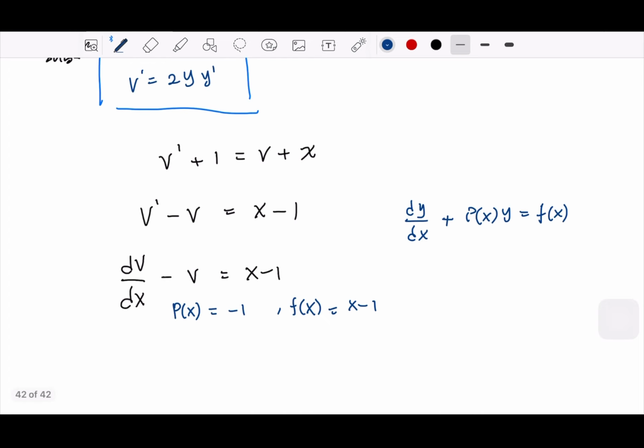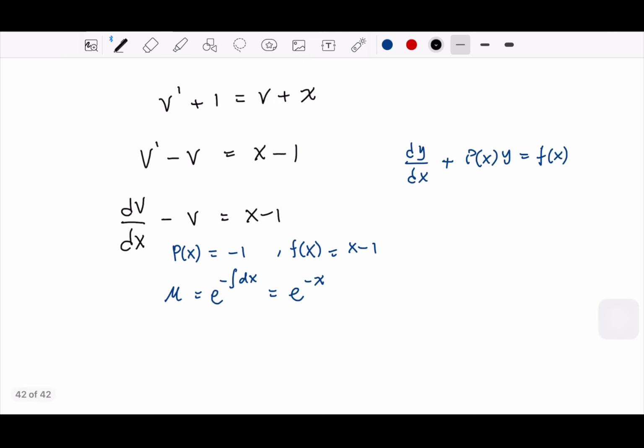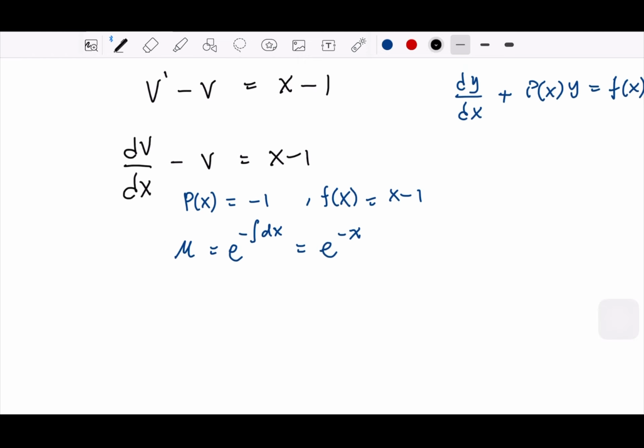So we can take the integrating factor. So this will be e to the power of -x. Okay, and then we can multiply.